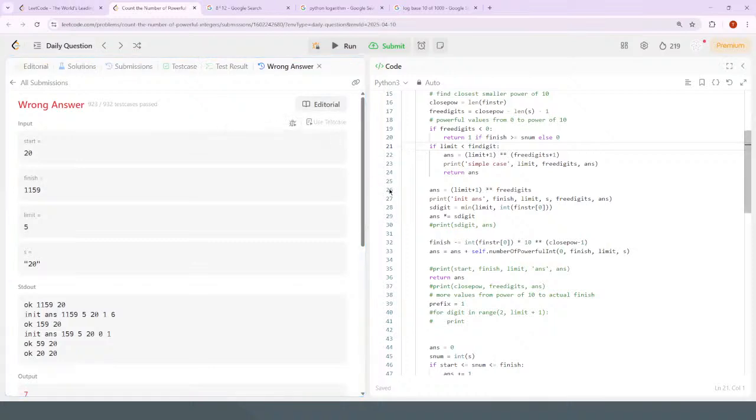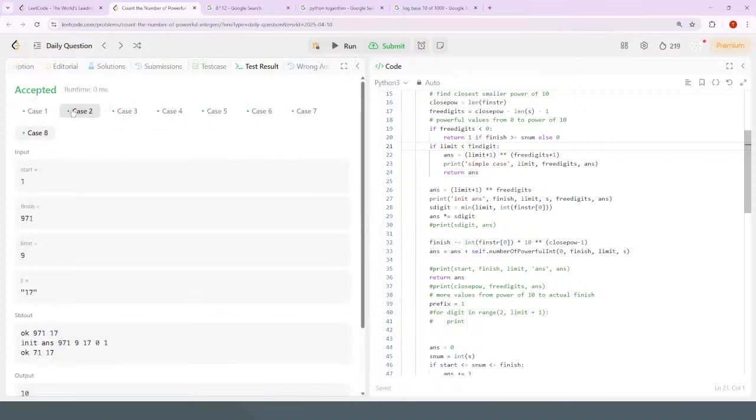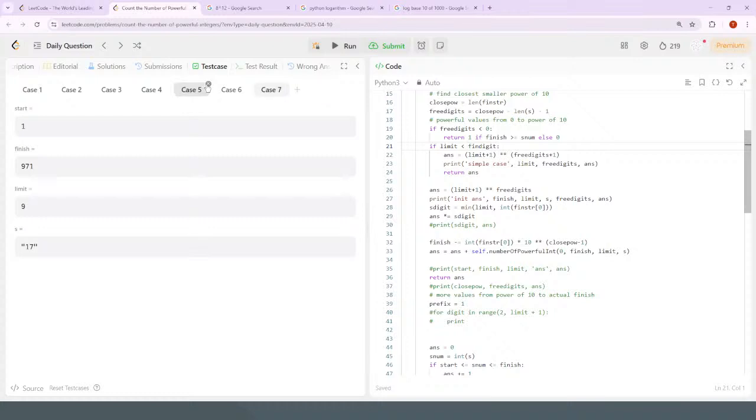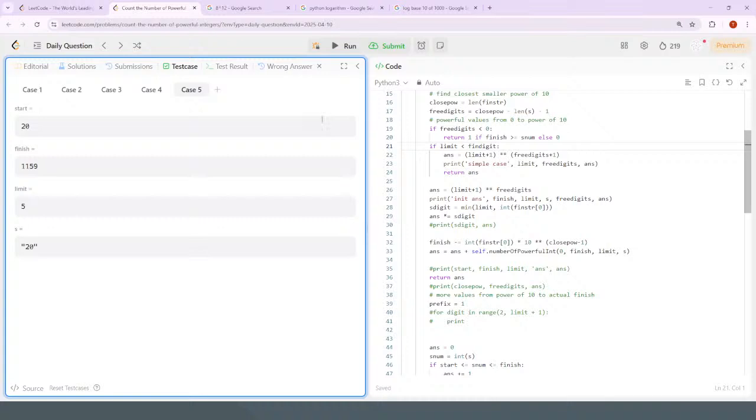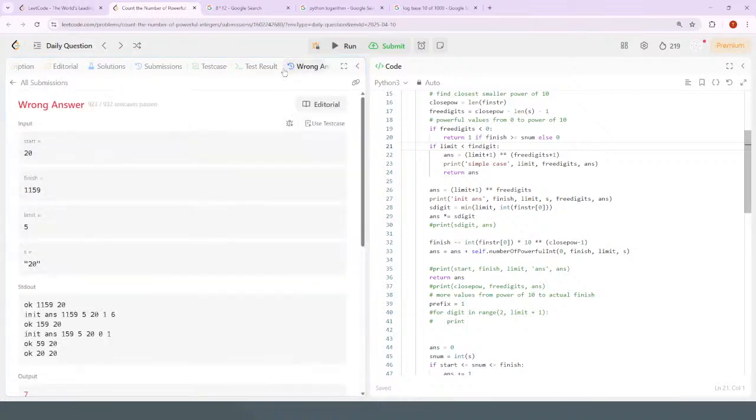Alright, next wrong answer. Let's go ahead and remove some test cases. This is 923 out of 932. Okay.